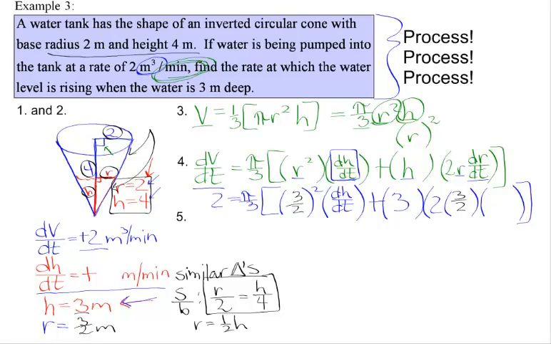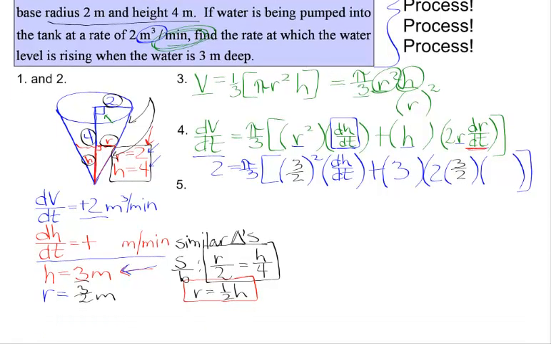That leaves dr dt. How am I going to find out what dr dt is in this problem? If I could, at the very least, write dr dt in terms of dh dt, I'm perfectly fine with having the variable dh dt remain in this problem. I'm actually solving for it. Here is the relationship between r and h everywhere in this tank.